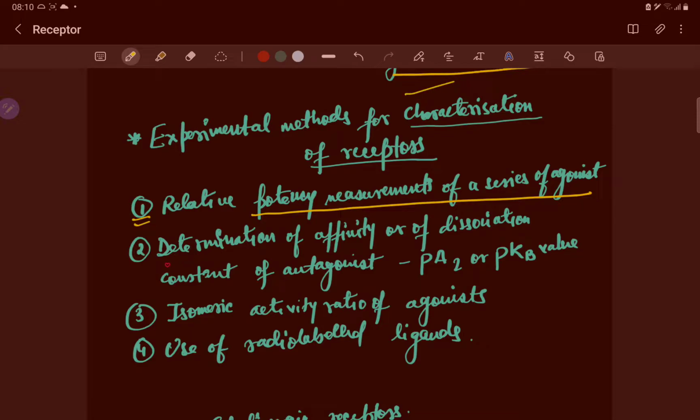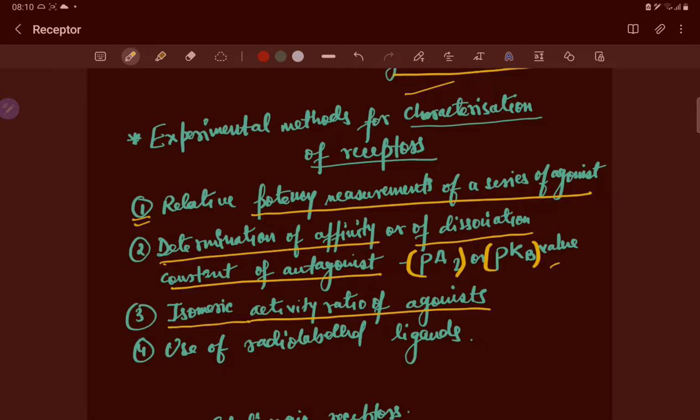The other is the determination of the affinity, or dissociation constant, of an antagonist, that is the pA2 or pKB value. Then the isomeric activity ratio of the agonists, and the use of radiolabeled ligands. These are the four experimental methods for the characterization of receptors.